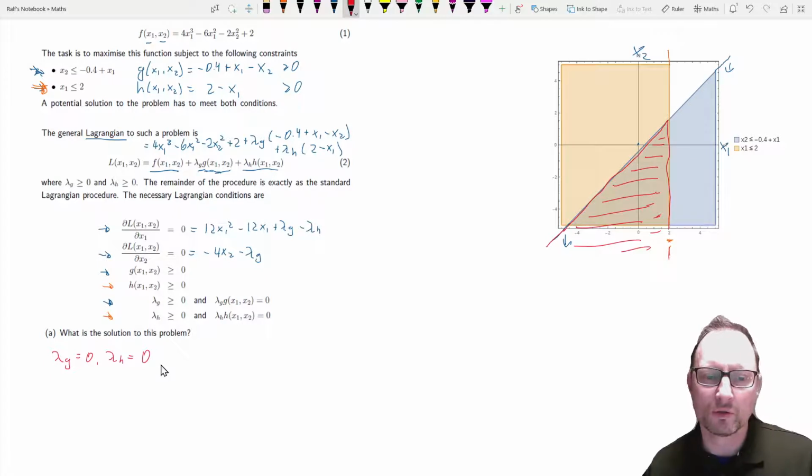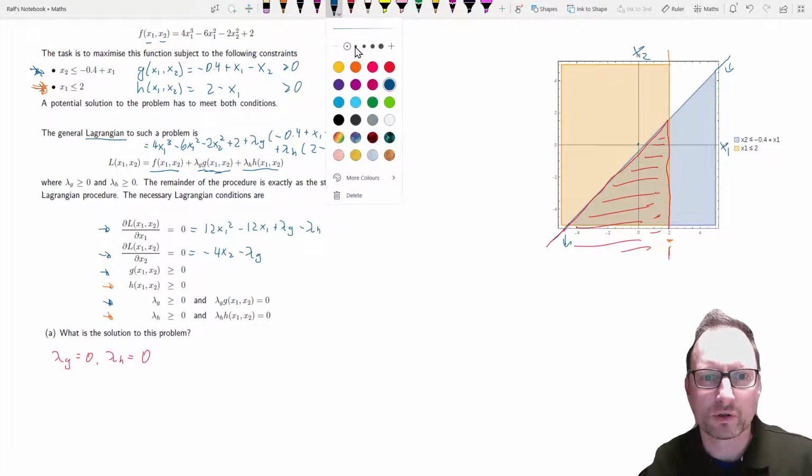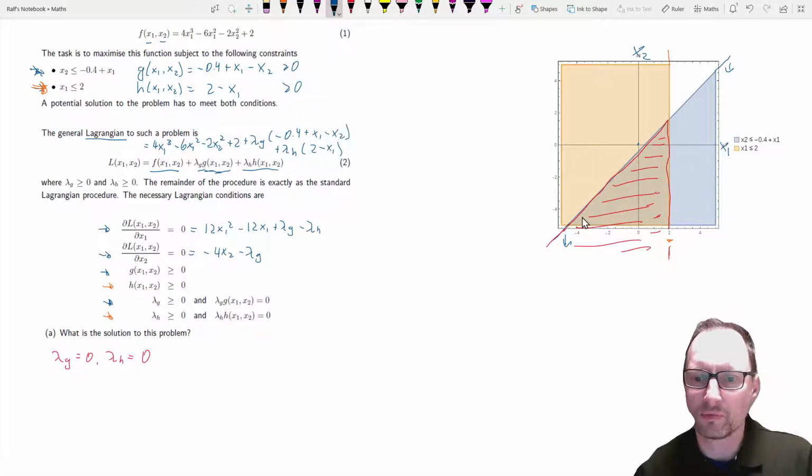Then you know from the normal Lagrangian method, we will be looking at values on the boundary. So now we have two boundaries. So we will be looking for values on the boundary of our first constraint, so these are these values here. And we'll basically look for values up until here, because afterwards they will not be allowed.